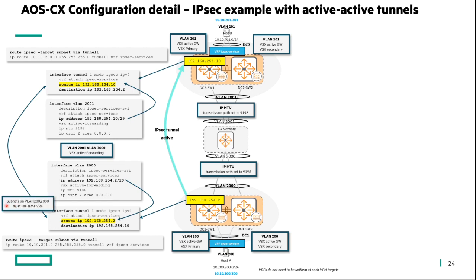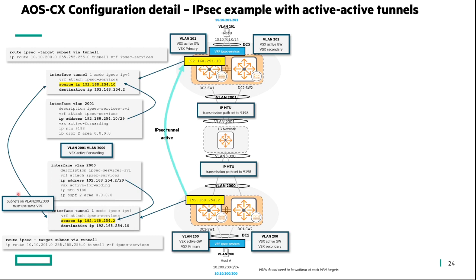And these subnets locally, VLAN 200 and 2000 as an example, which is the host VLAN and the northbound VLAN, must use the same VRF. Absolutely must use the same VRF. This is on the first iteration of our IPsec deployment, and we're looking to change that in the future, but today this is the constraint that we need to articulate.